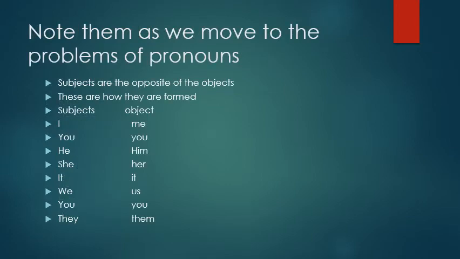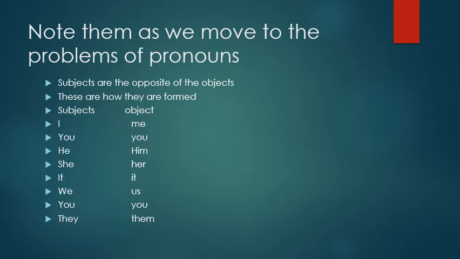Move on to the problems with pronouns. Just have a look at it again, then we start the problems with pronouns. You have I to be me, you, he, him, she, her, it, we, us, you, they, and them.